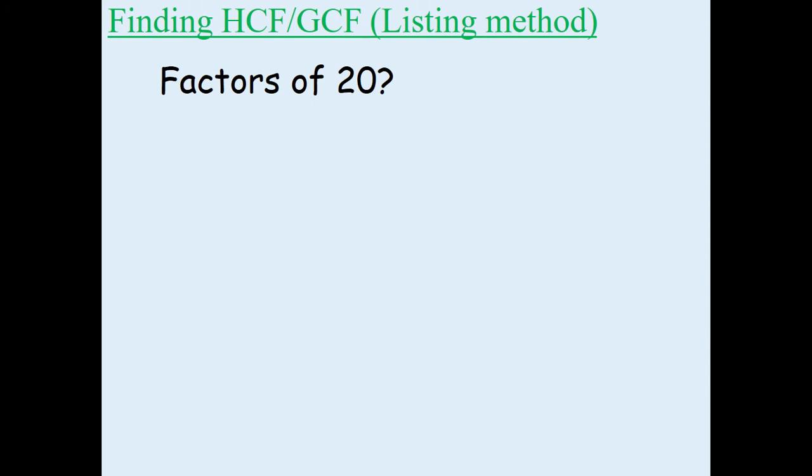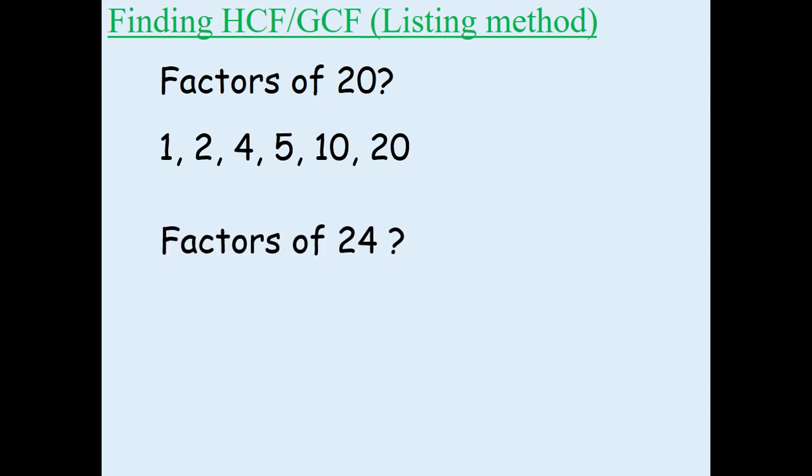So factors of 20, we're going to think of the numbers that go into 20 without leaving a remainder. And our winner is 1, 2, 4, 5, 10, and 20. Lovely. Those are the factors of 20. Now the factors of 24 are 1, 2, 3, 4, 6, 8, 12, and 24.